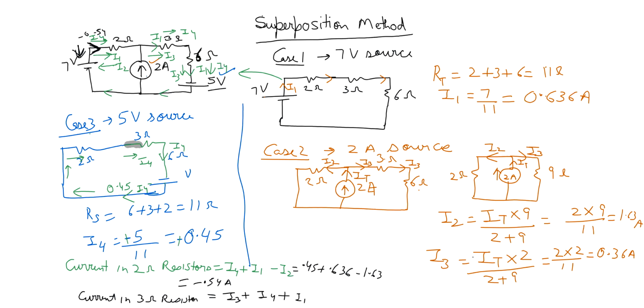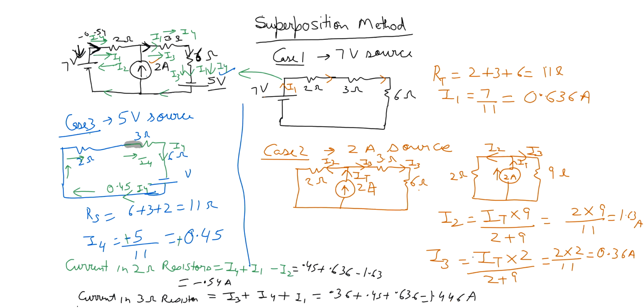So adding them all: I3 is 0.36 plus I4 is 0.45 plus I1 is 0.636, that gives me 1.46. It's positive, which means the direction of current that I assumed, in the direction of I3, is the correct direction. That represents the actual current flowing through the 3 ohm resistor due to all 3 different sources. Right.